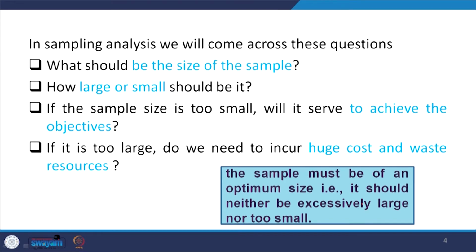And the sample must be of an optimum size. So, optimum should meet those indicators we started discussing. I will discuss whether that is actually meeting those indicators or not in our next slide.